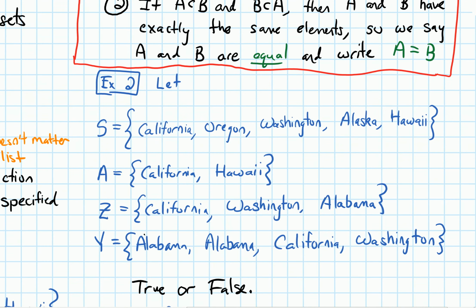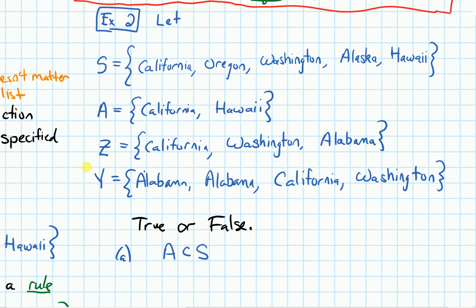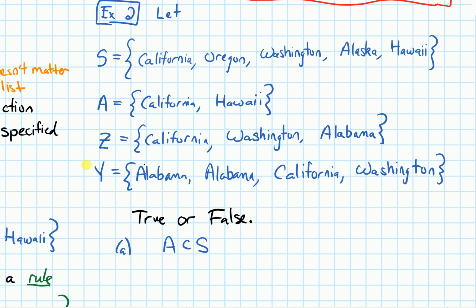Alright, so here's an example. I have these four sets, S, A, Z, and Y, and the elements of all of these sets are some US states, and we have a true or false question. Part A asks, A is a subset of S. So is that true or is that false?